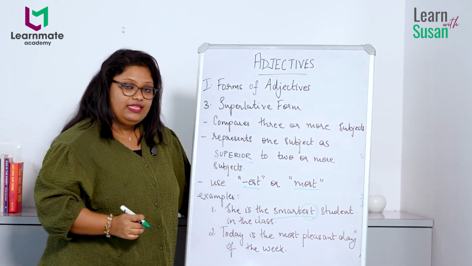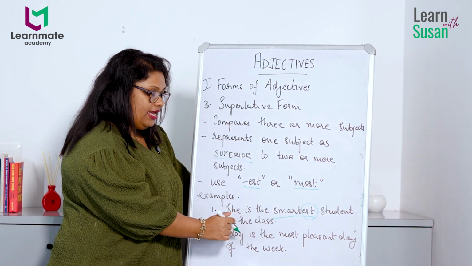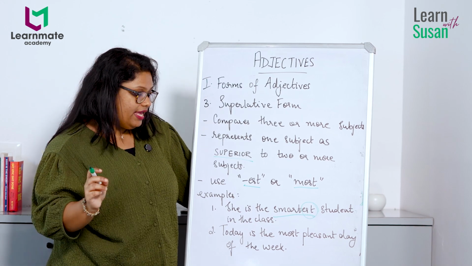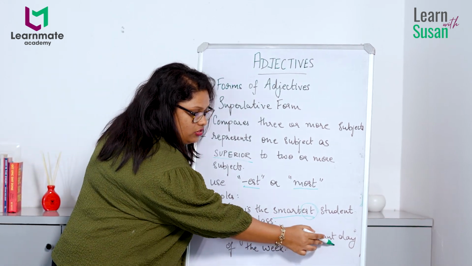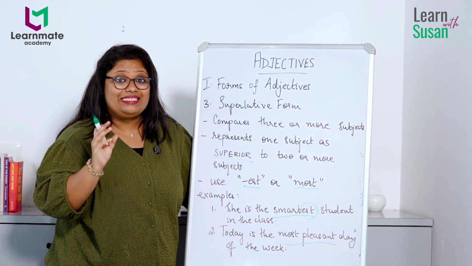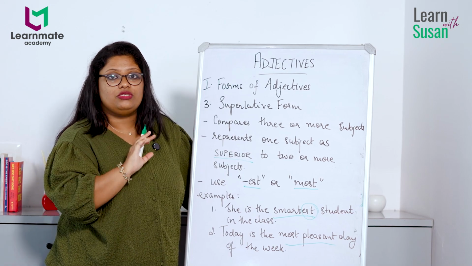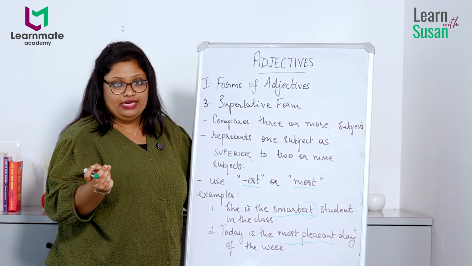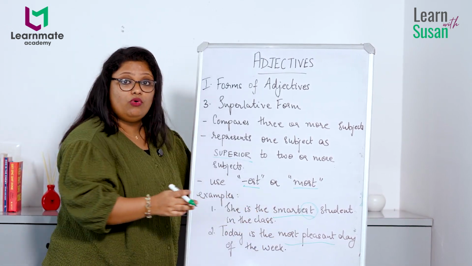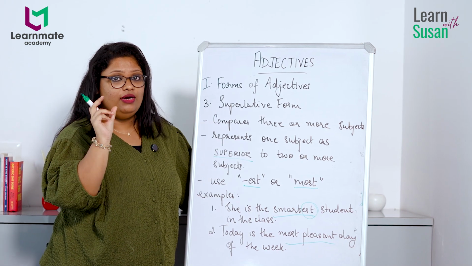Now similarly in the next one, today is the most pleasant day of the week. So I cannot use pleasantest, which is wrong. There is no such word in English. We have to use most with the word pleasant.